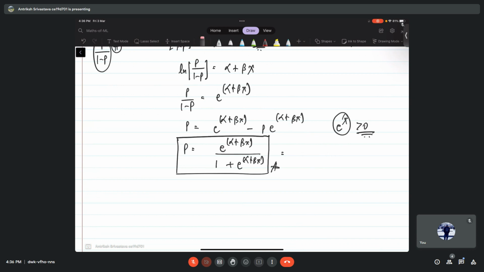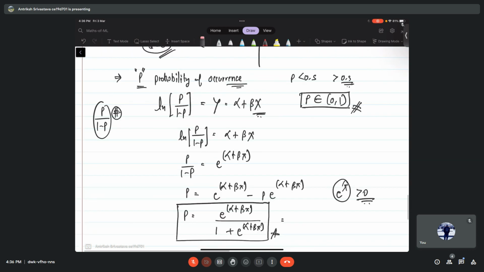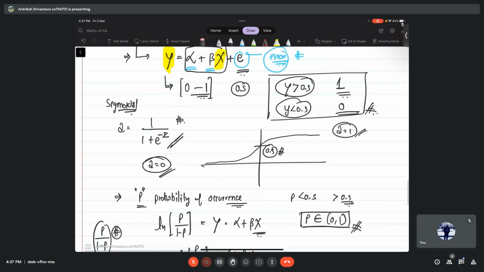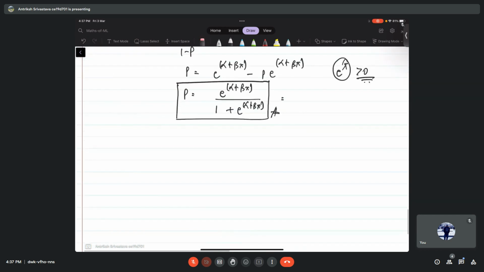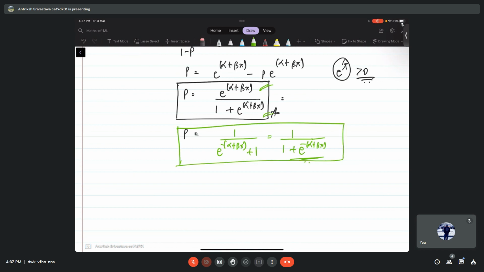But let's try to convert this into the logistic regression form. To do that, we just divide the numerator and the denominator by exponential of alpha plus beta x. When we do that, we get this, which much more closely resembles our sigmoid function, where z is alpha plus beta x.